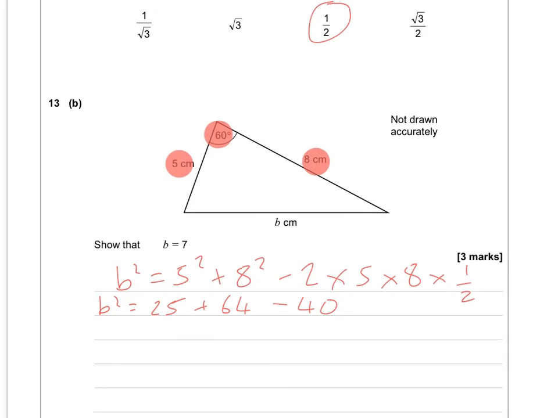Carrying on, 25 plus 64 is 89, take away 40 is 49, so b squared equals 49, which means b equals 7. As it is a side length, obviously we can't have a negative side length, so we're only looking for the positive square root of 49.